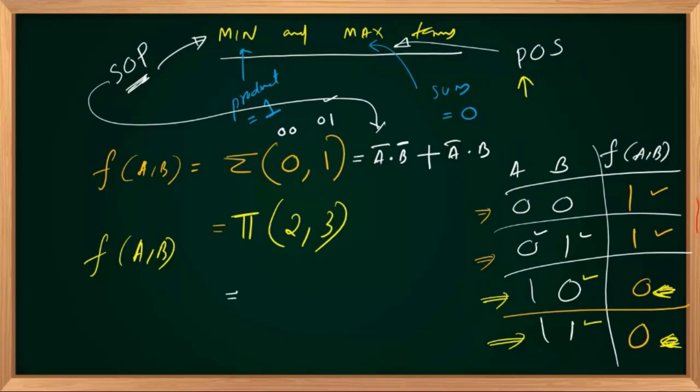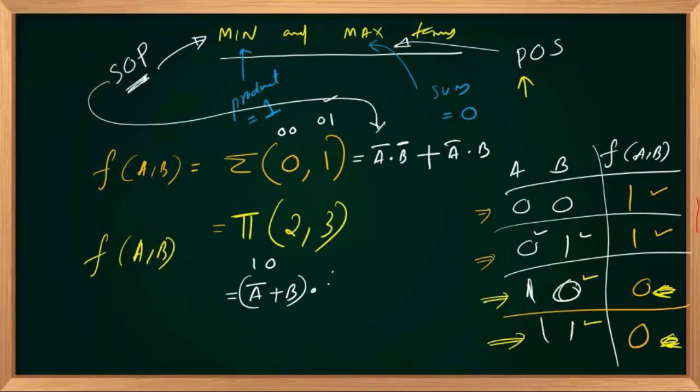Similarly, I can also express the function directly using the max terms. Max terms are 10 and 11. You should recall the max term should be a sum term, and that sum should return a 0. So A equal to 1, B equal to 0 implies I should OR the A complement and B. Then the sum will return a logic 0, because A complement will be 0, B is anyway 0, and 0 or 0 will be 0.